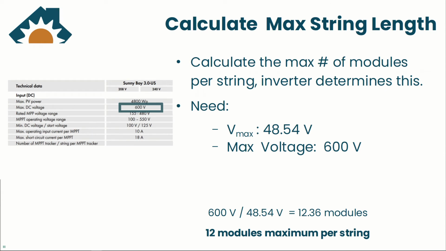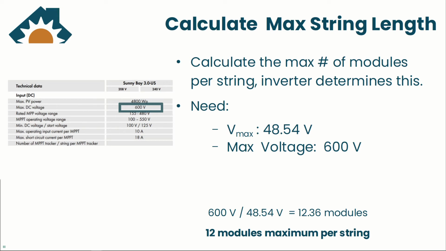Now let's use our maximum voltage we just calculated to see how many modules we can wire in series before hitting our maximum inverter DC voltage. The Vmax that we calculated is 48.54 volts, and the inverter max voltage that we have chosen is 600 volts.